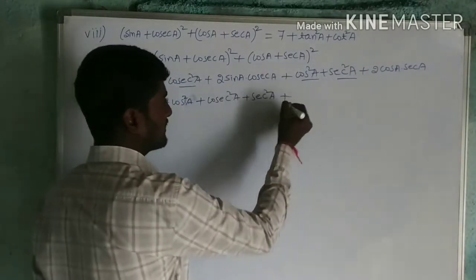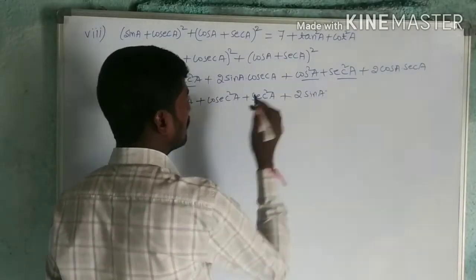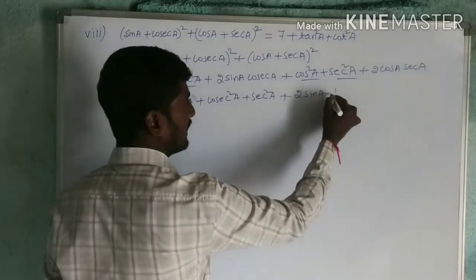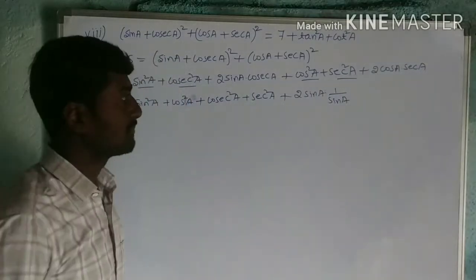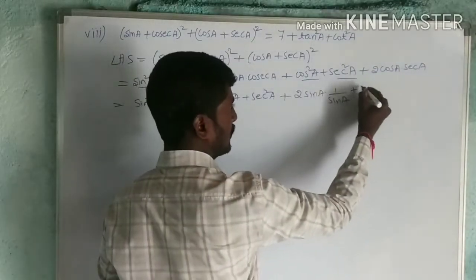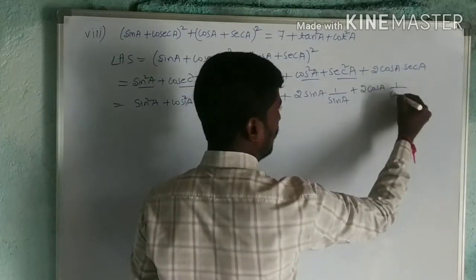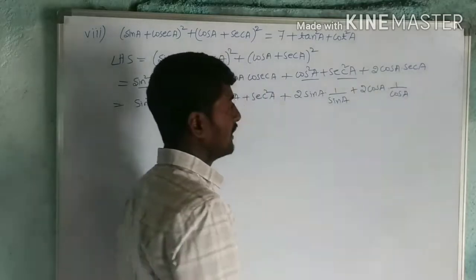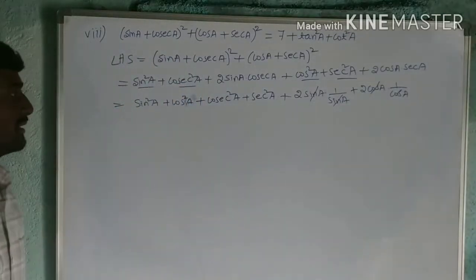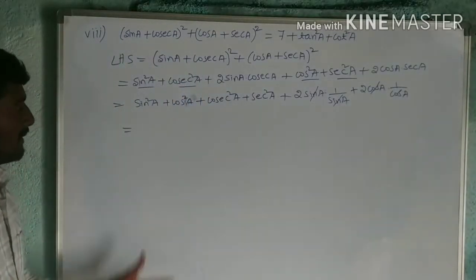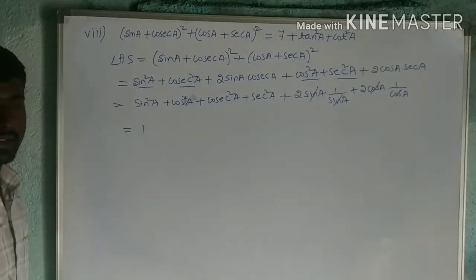This term 2 sin A into cosec A can be written as, cosec A can be written as 1 by sin A, plus for this term 2 cos A into sec A, sec A can be written as 1 by cos A. Now this sin will get cancelled. Here cos will get cancelled. Now this is equal to sin square A plus cos square A. We know the identity, sin square A plus cos square A is equal to 1, plus.